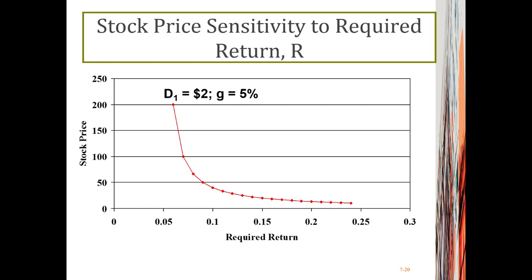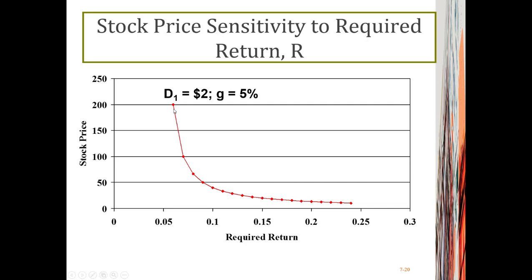When required rate of return was low, well, stock price would be high. And when that number increases gradually and aggressively towards 25%, you see stock price decline dramatically. See, for the same dividend of $2, given 5% growth rate, stock price is going to be about $200.